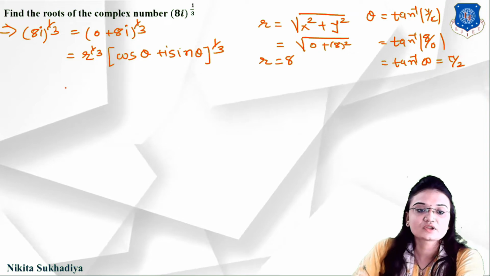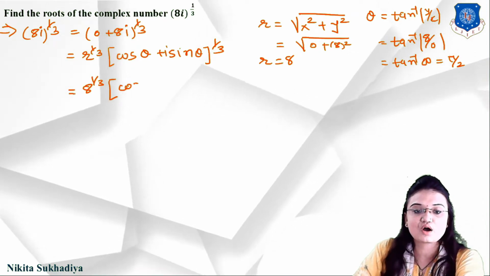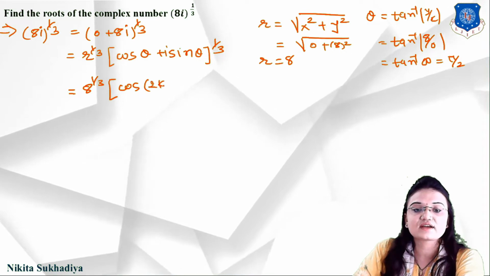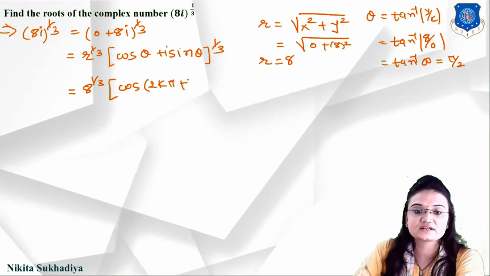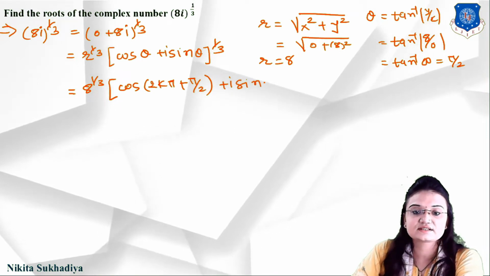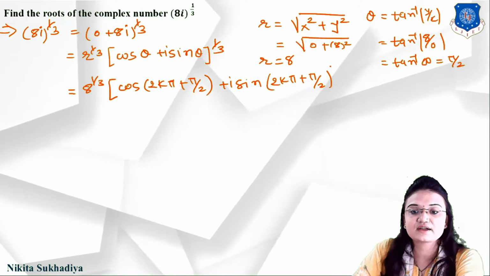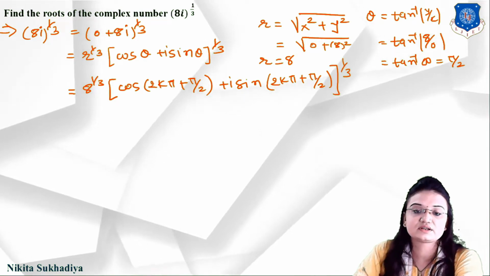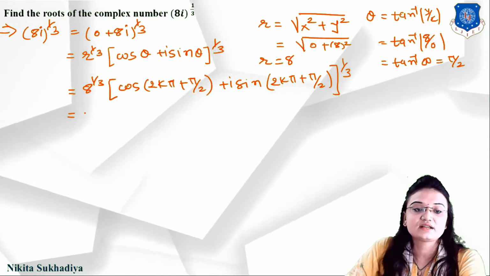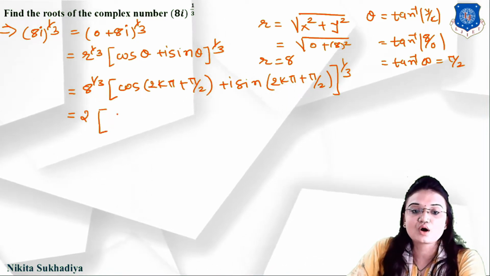So here we have 8 raised to 1 by 3, and in general form we write cos (2k pi plus theta) plus i sin (2k pi plus theta), where theta is pi by 2, raised to 1 by 3. Now 8 raised to 1 by 3 is 2.